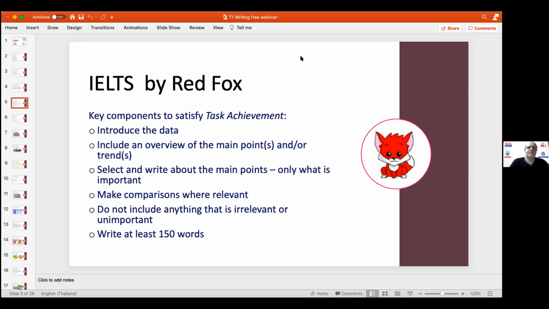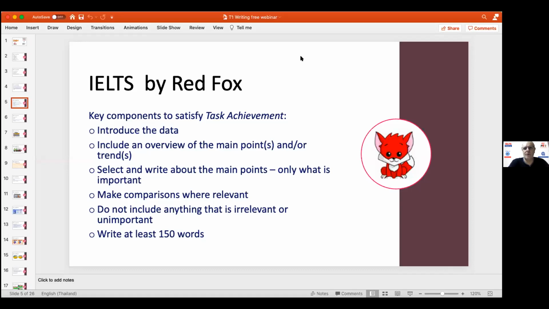So, what are the other grading criteria? Well, as we mentioned, we have cohesion and coherence, which we'll get from correct paragraphing, from setting out all of your points in a logical sequence that is clear to follow, and by using the right words and phrases to connect all of your points together.